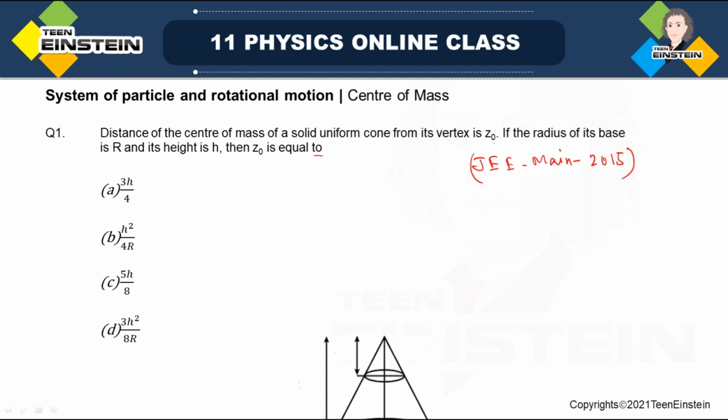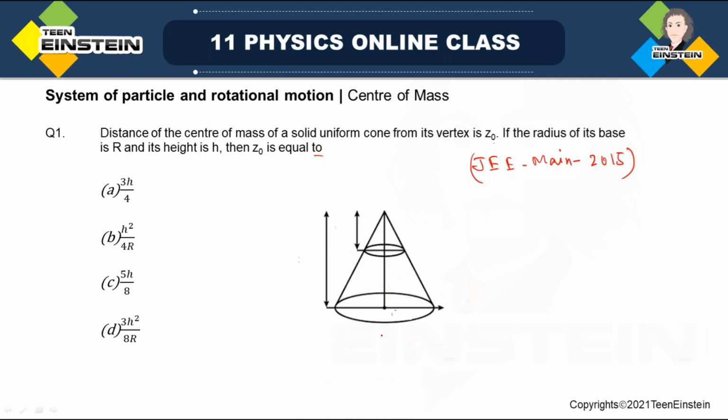I'll tell you what it is. Suppose this is a solid uniform cone and its vertex is this one, so this is called the vertex. If we draw a line from here through the vertex, the center of mass of the cone is situated somewhere here, z0 distance from the vertex.